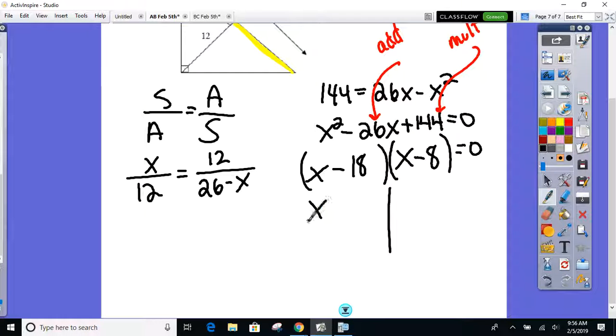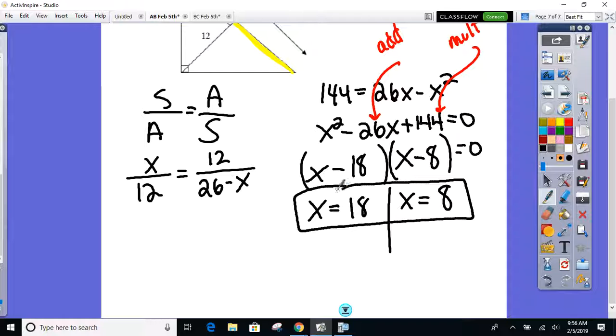X equals 8 and 18. All right. Rejection? Plug them both in. Are they going to give you a positive side length for X? Okay, so here's a different opportunity where I don't reject anything. I actually keep both. It could be 18 or it could be 8.